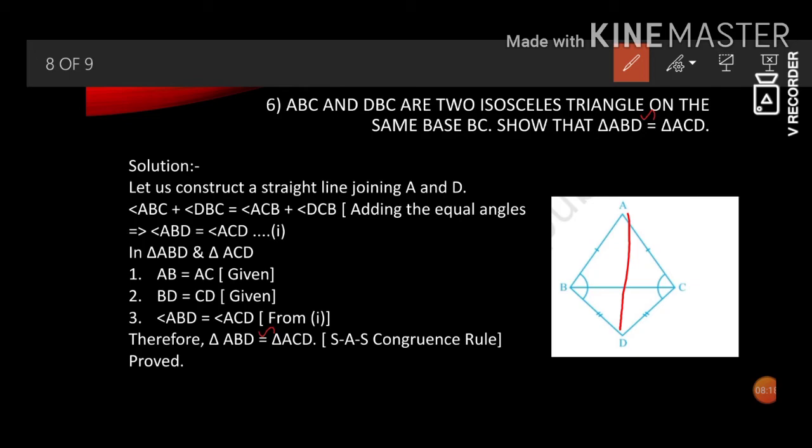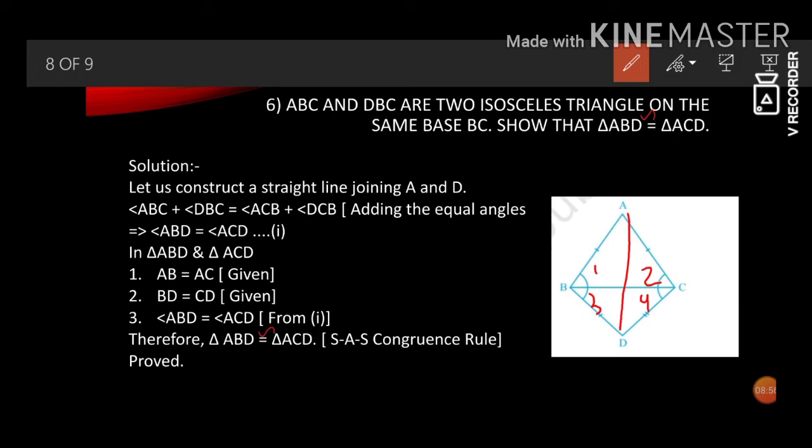Now we have angle 1 and angle 2 equal, as the base angles of the isosceles triangle are equal. Again we have angle 3 and angle 4 equal to each other. Now in Euclid's geometry we have studied that if we add equal things to equal things, the resultant is always equal. So if we add angle 1 and angle 3, it should be equal to angle 2 and angle 4.